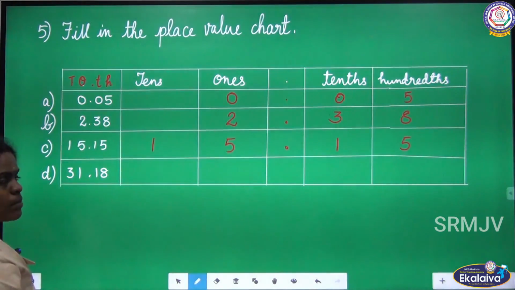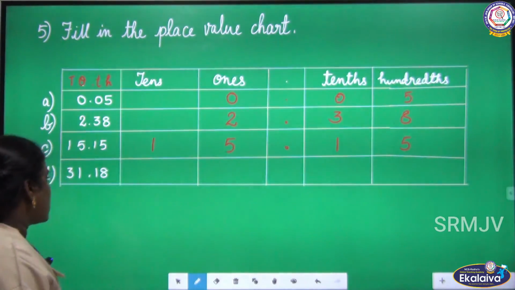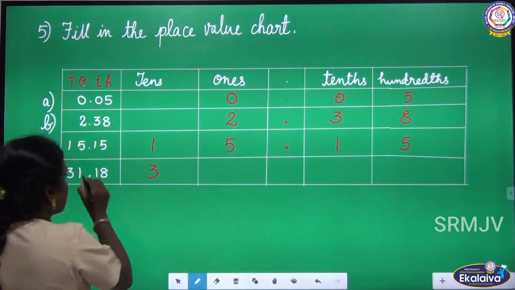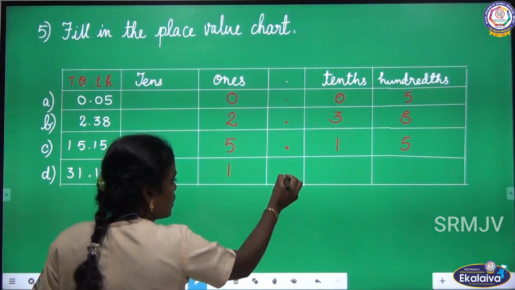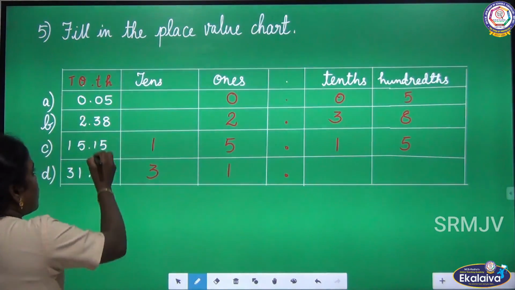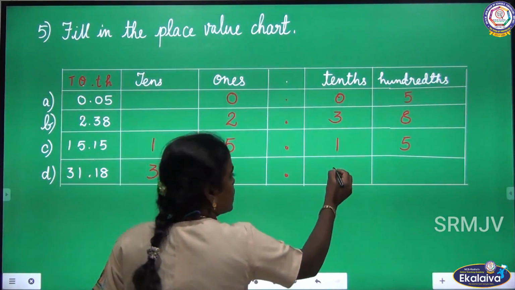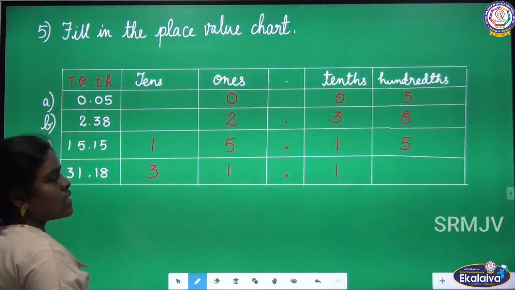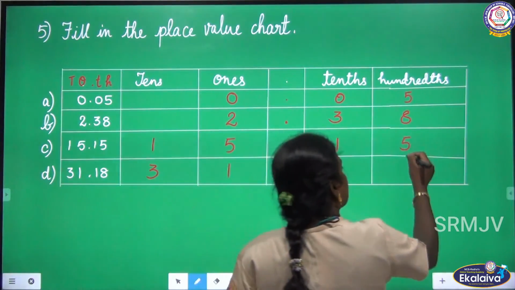And the next number is 31.18. 3 is in tens place. 1 is in ones place. Dot, that means point. 1 is in tenths place. So write below the tenths column. Then we have 8 in hundredths place. So write below the hundredths column.